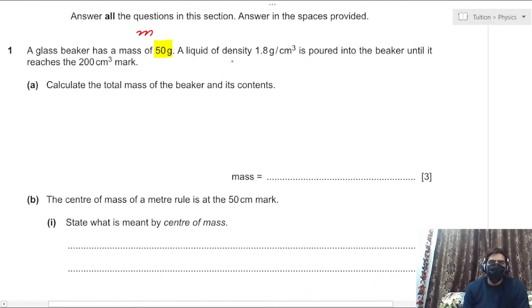A liquid of density 1.8 grams per cubic centimeter, let's represent density with D, is poured into the beaker until it reaches the volume of 200 cubic centimeters mark. So this is your volume. How do I know that? I know it straight away from the unit, because cubic centimeters is the unit of volume.